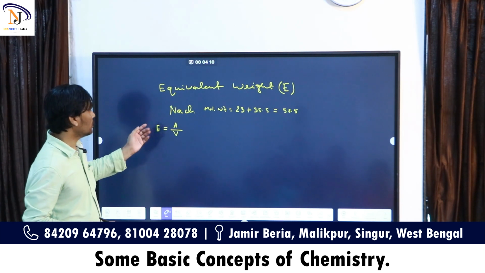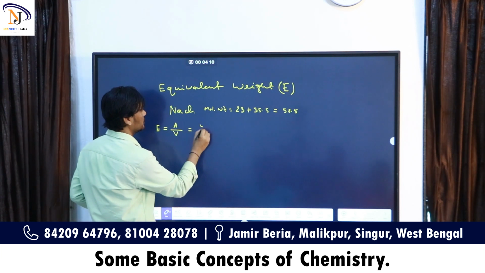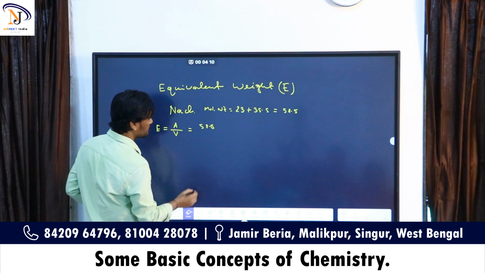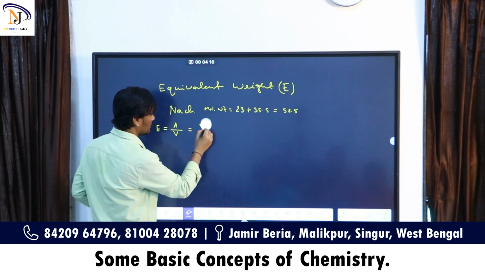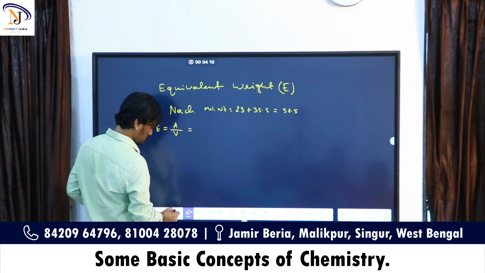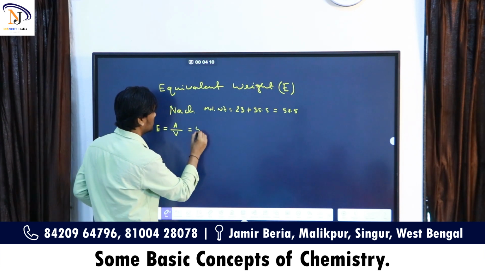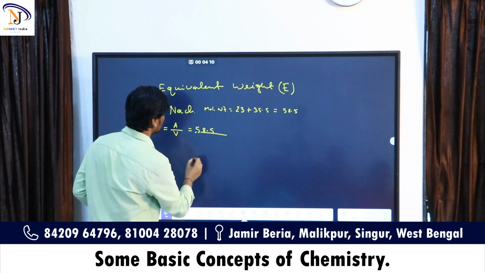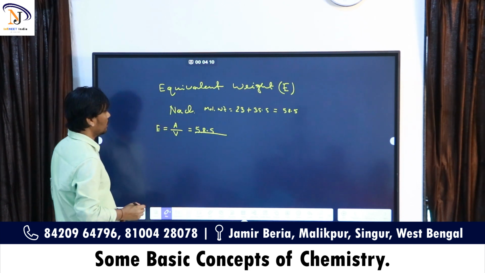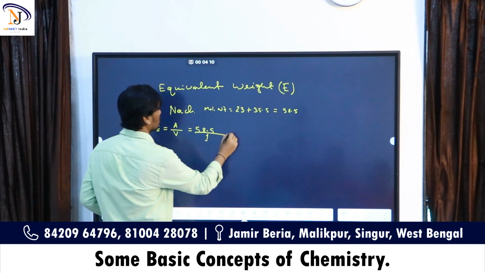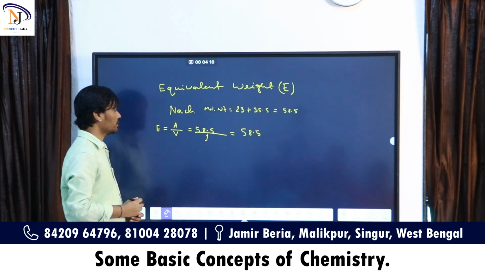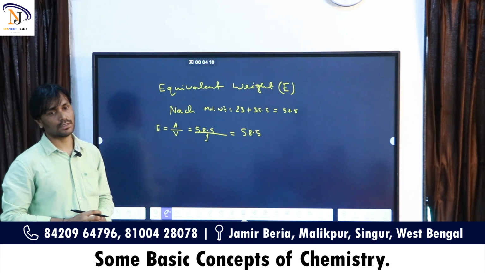So put this 58.5 divided by 1, 58.5. This is the equivalent weight of NaCl.